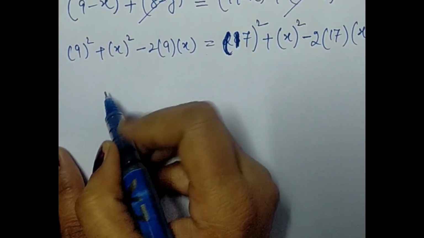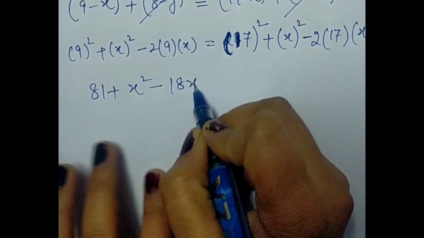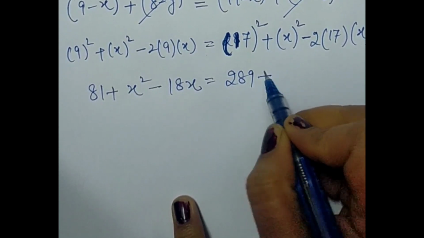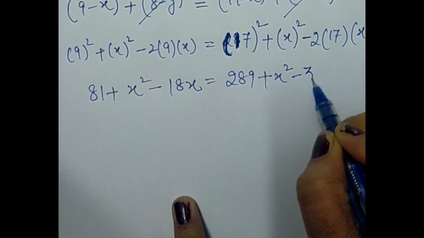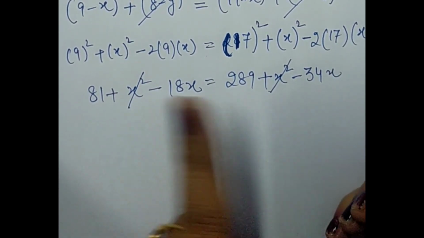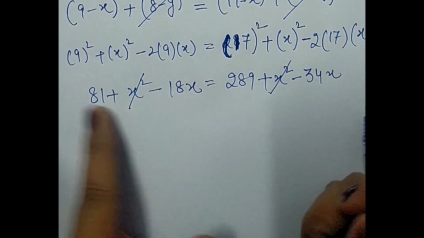This is 81 plus x square minus 18x is equal to 289 plus x square minus 34x. So x square gets cancelled, because when it shifts to the other side it will have a minus sign and cancel out.